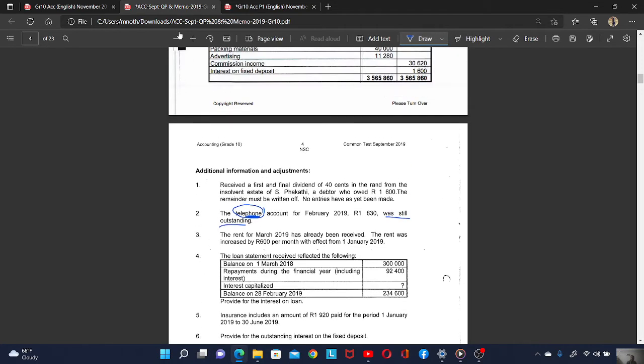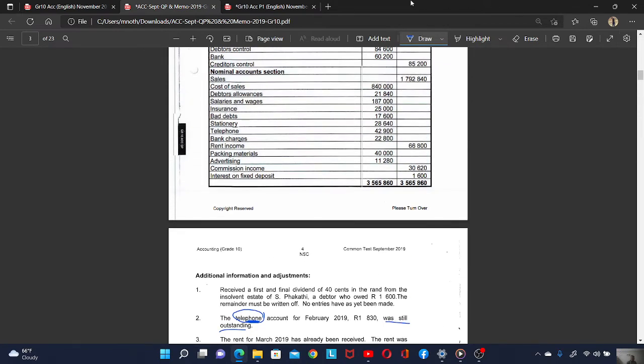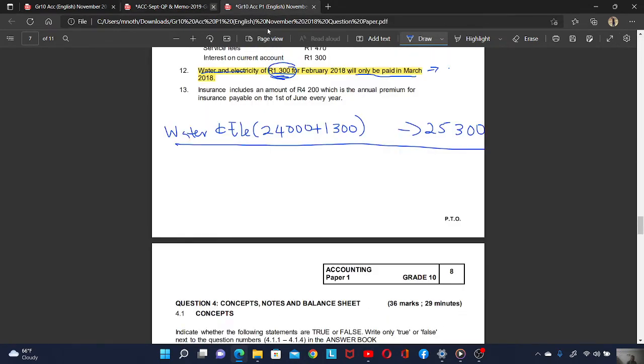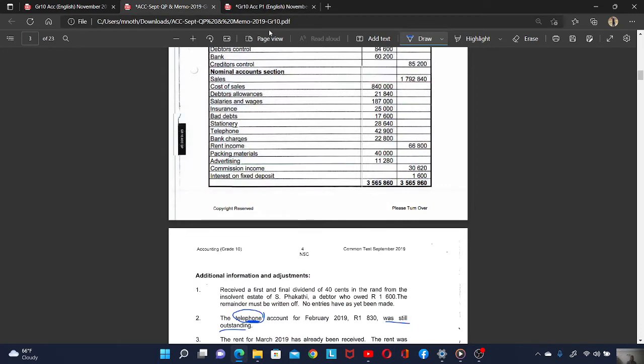So let's check our telephone. Our telephone is 42,900. So telephone, this is how you're going to record it in an income statement. So it's 42,900. So you must always add an accrued expense.